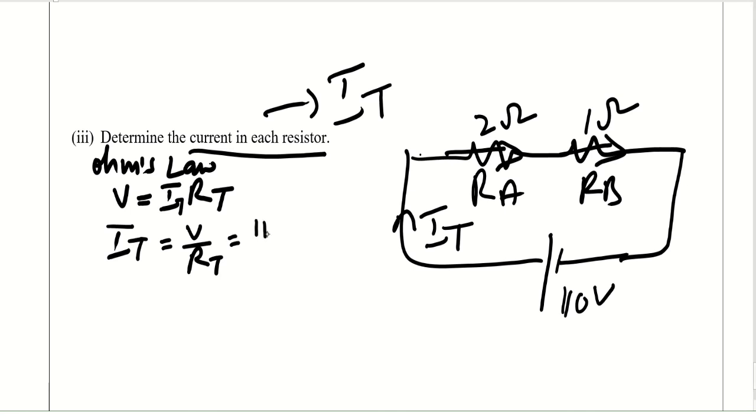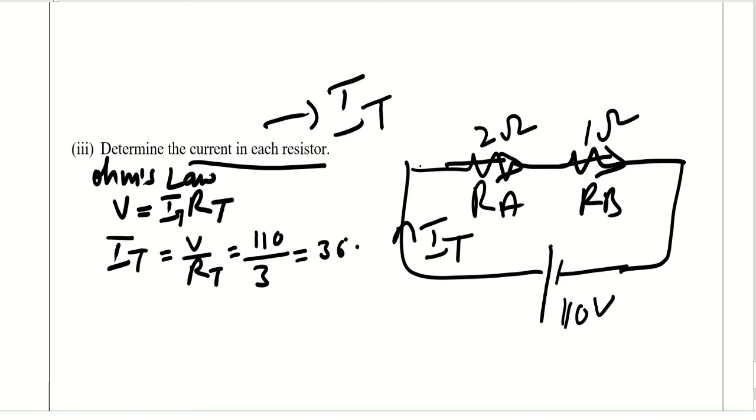The voltage is 110 and this is 3 ohm, so let us calculate this value. 110 divided by 3 is coming 36.6 ampere. So this value is coming 36.6 ampere.